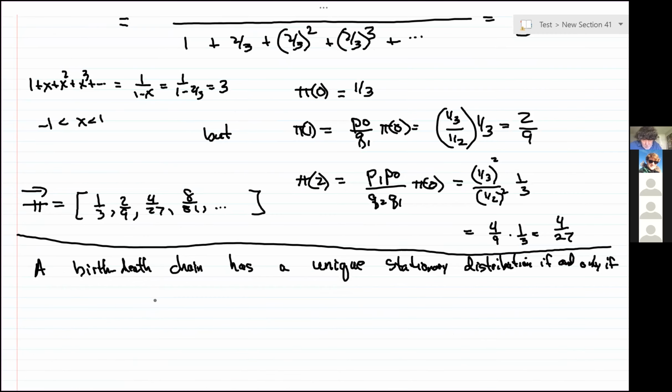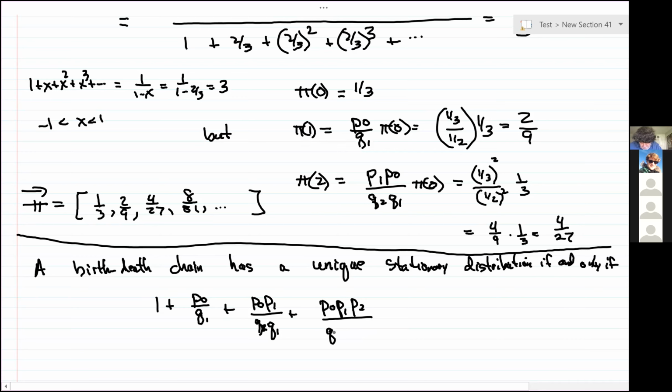So how does the sum look? It's like a 1, and it's a P0 over Q1. And then it's a P0, P1 over Q2, Q1. P0, P1, P2, all over Q3, Q2, Q1. Sorry, they're not quite the same.